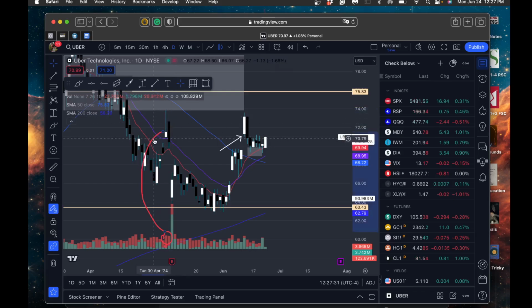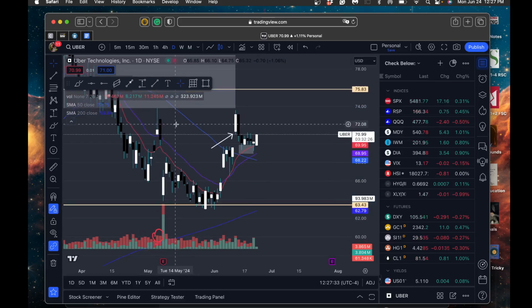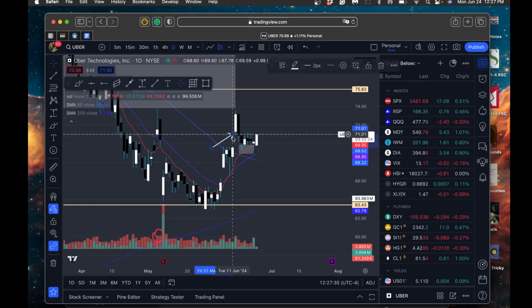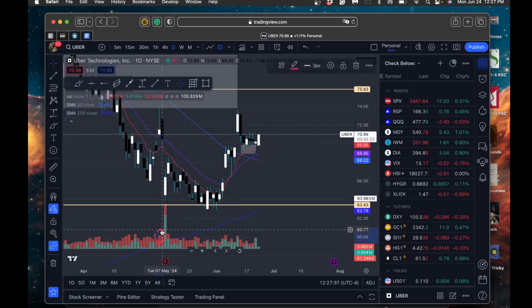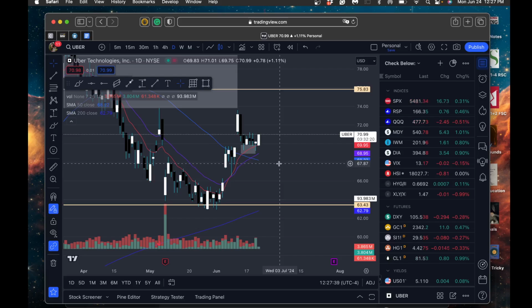So that's how you figure out the basic idea of comparing the volume candles to the candlesticks themselves. You're just trying to compare and contrast, match your options, figure out the story, and figure out what a true candle would look like.